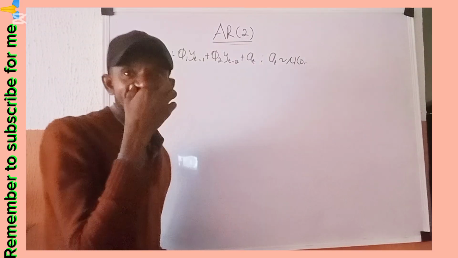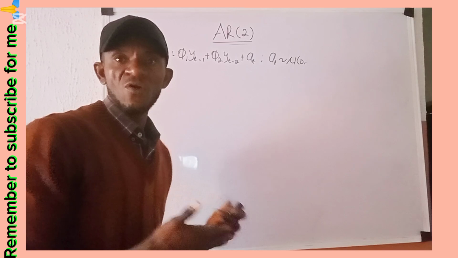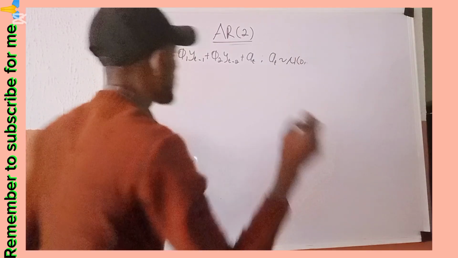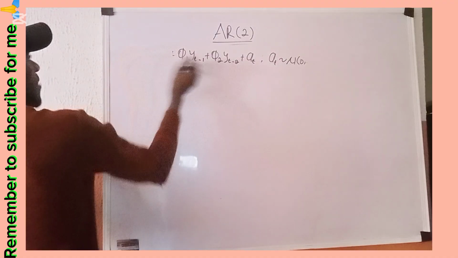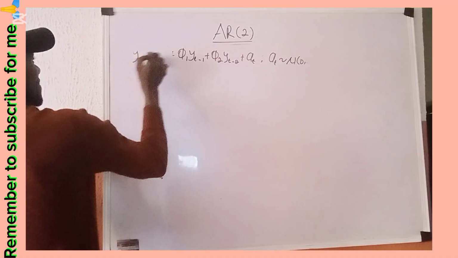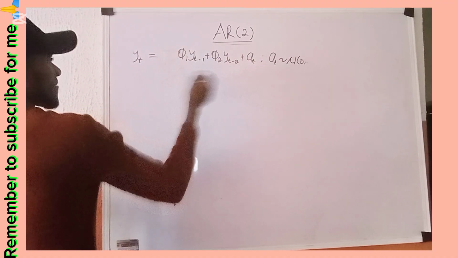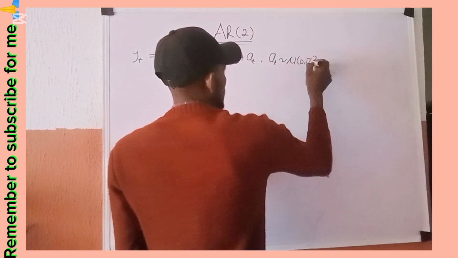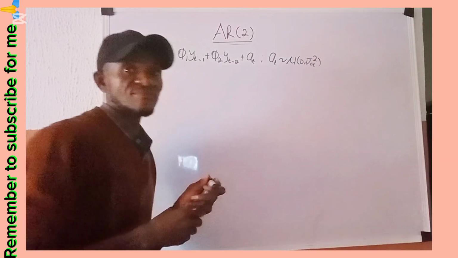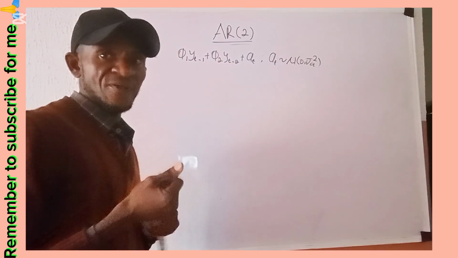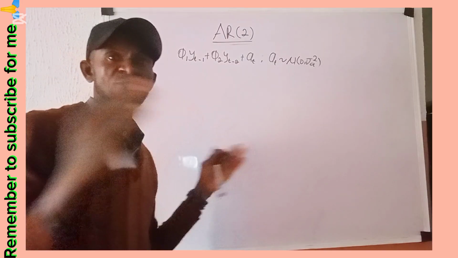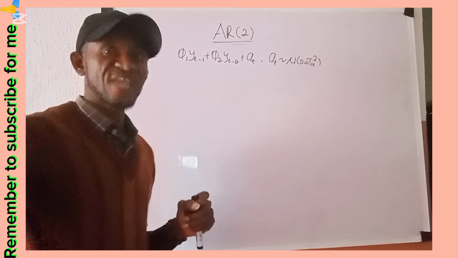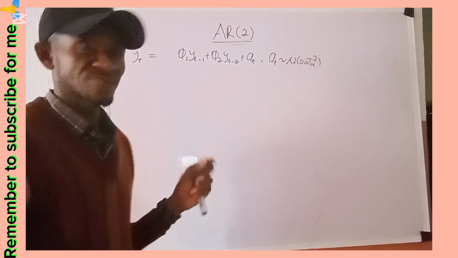So we want to quickly look at the autocovariance. We are still talking about our y of t, which is given as phi 1 y of t minus 1 plus phi 2 y of t minus 2 plus a of t, where a of t has variance sigma squared of a. When we talk about the autocovariance, we multiply both sides of the equation by y of t minus k, and then take expectation.